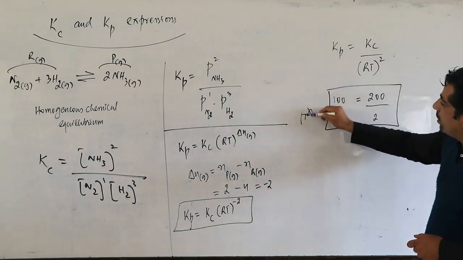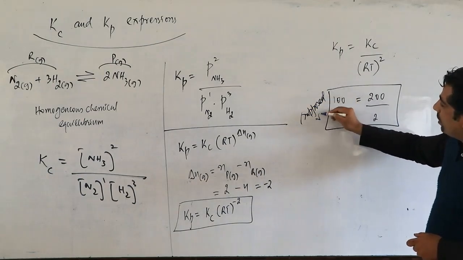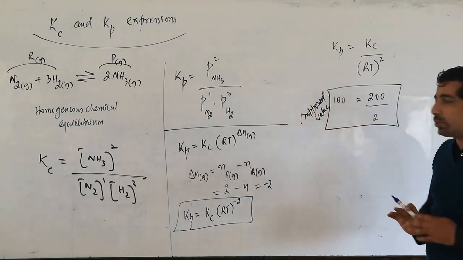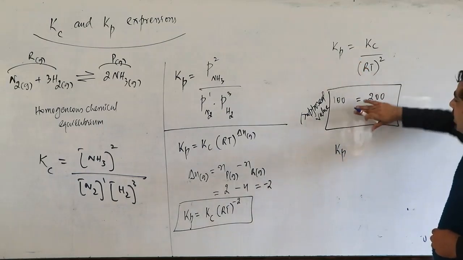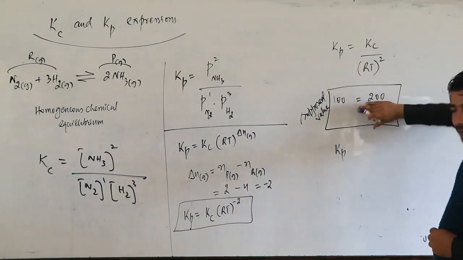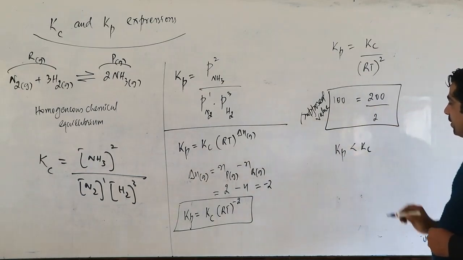This is just an example, a supposed value. Don't think it's a real value. So you got to know that Kp was 100 and Kc was 200, so Kp is less than Kc.